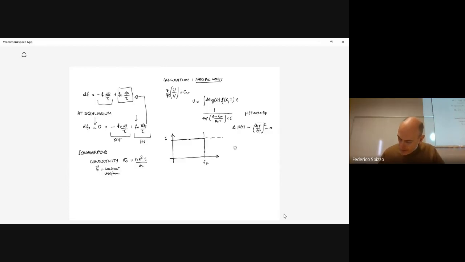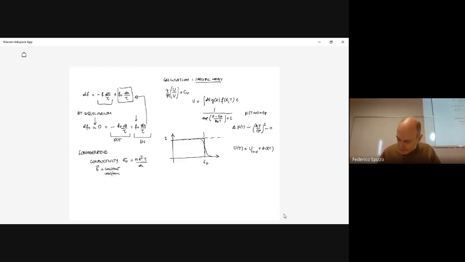So we may write U of T, that is the energy of the system as a function of temperature, as U at T equal to 0, so the energy of the system that we have in the situation that I just wrote here in this diagram, when the Fermi function is a sort of step function, 1 below EF, 0 for energies higher than EF, plus the contribution due to the fact that with respect to T equal to 0, when the temperature is different from 0, the shape of the distribution is not exactly the step function that I have here, but is slightly different.